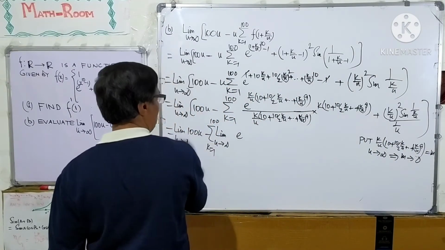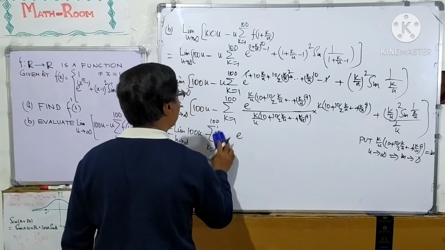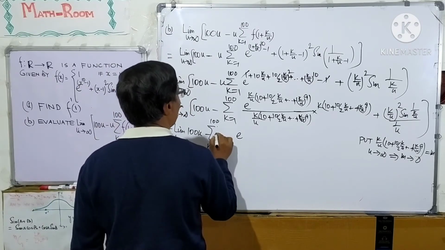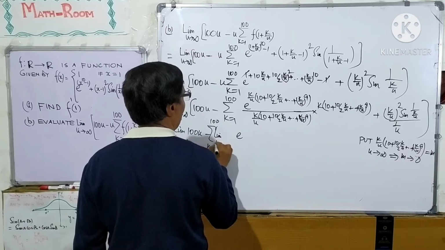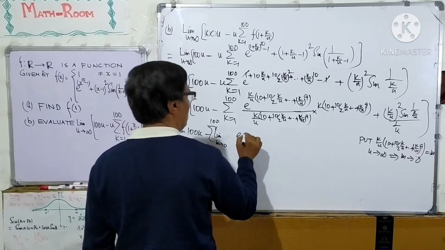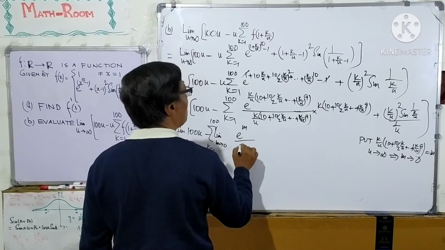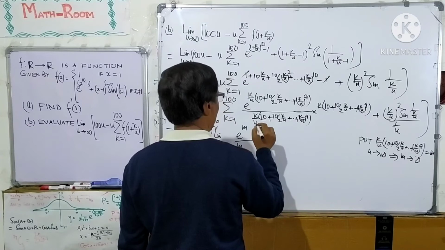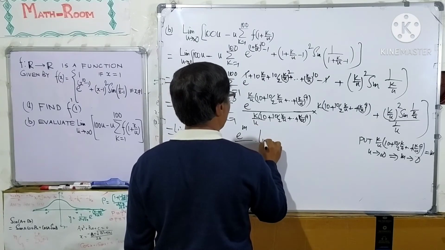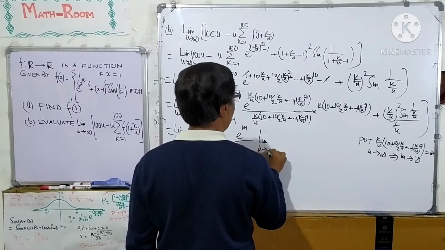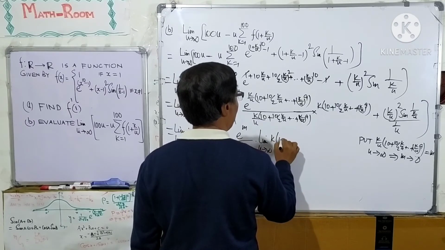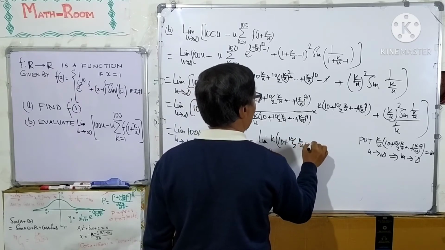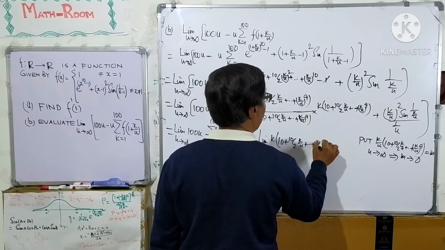So we can write the limit as m tends to 0 of (e to the power m minus 1) over m, into the limit as u tends to infinity of k into (10 plus 10C2 k over u dot (k over u) to the power 9).